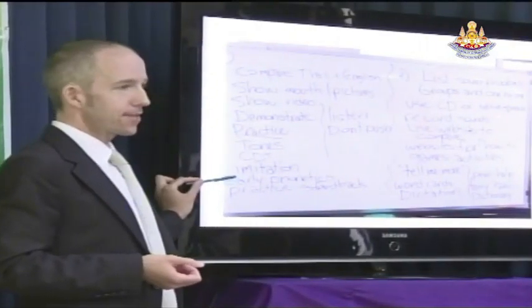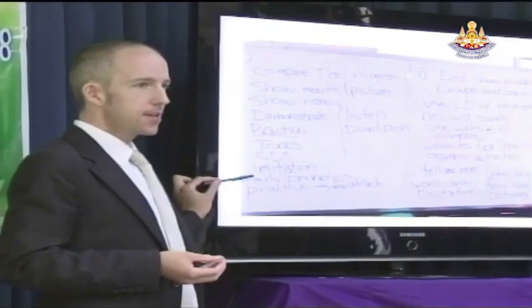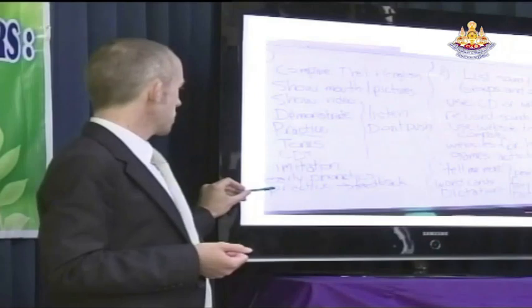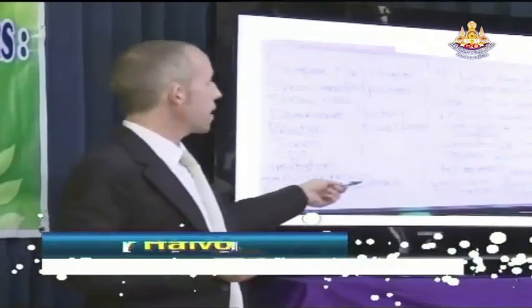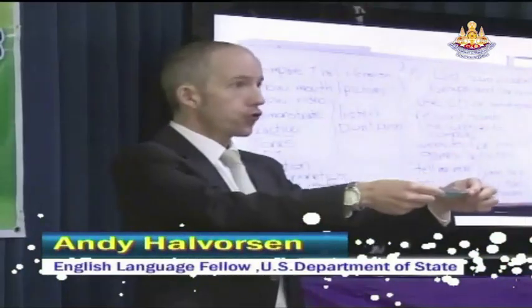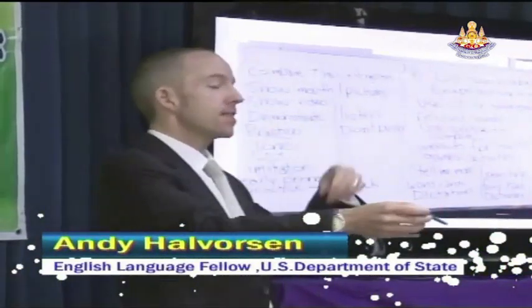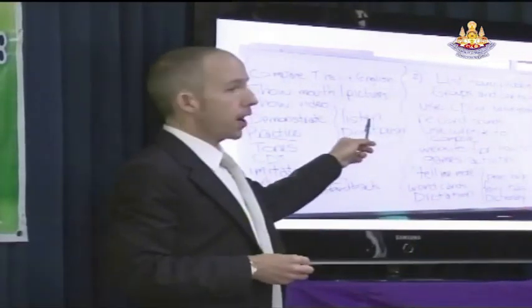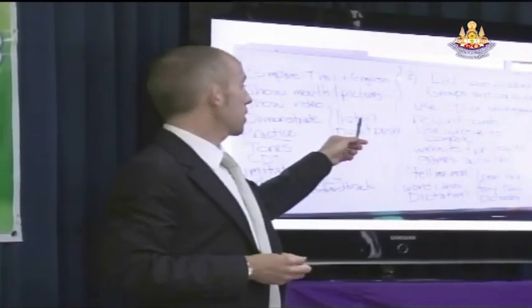Early phonetics. Teach children phonetics in kindergarten. A good idea. I like that. Practice, and then feedback. This is really good. So students talk first, you listen, and then you correct and give feedback. Listening practice. Students need to do listening practice.